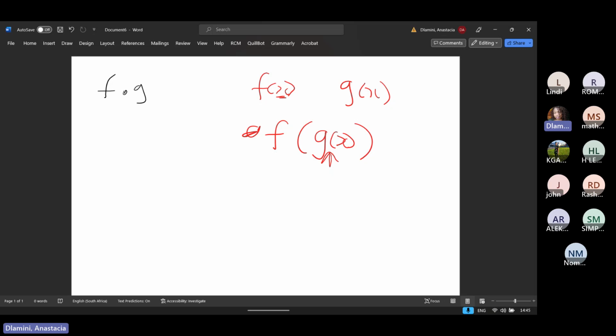Can someone repeat what I just said? The domain of the composite function is the domain of the inner function and the domain of the expression of the whole function. Okay.